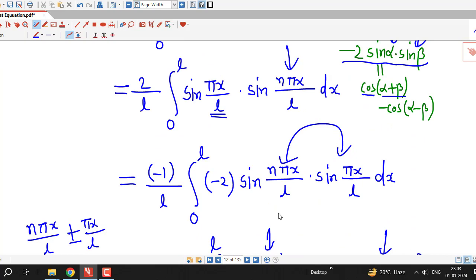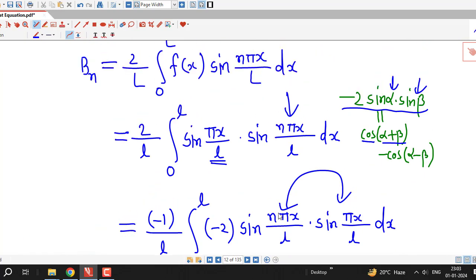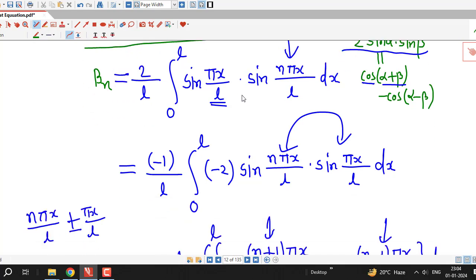So for that we can use this step directly. Suppose I give this step the number 1. Then for n equal to 1, I will take n equal to 1 everywhere in this equation.